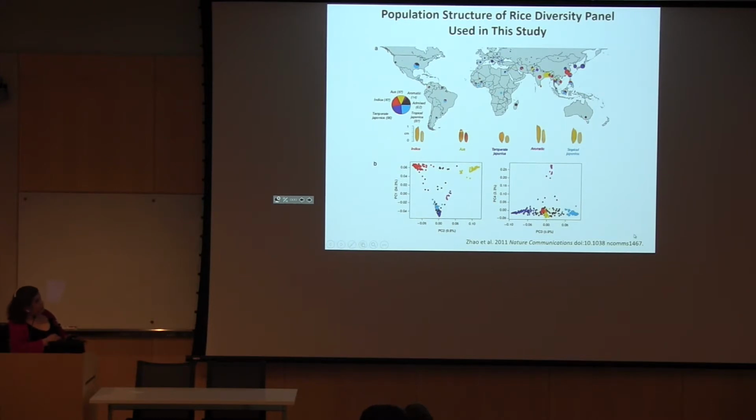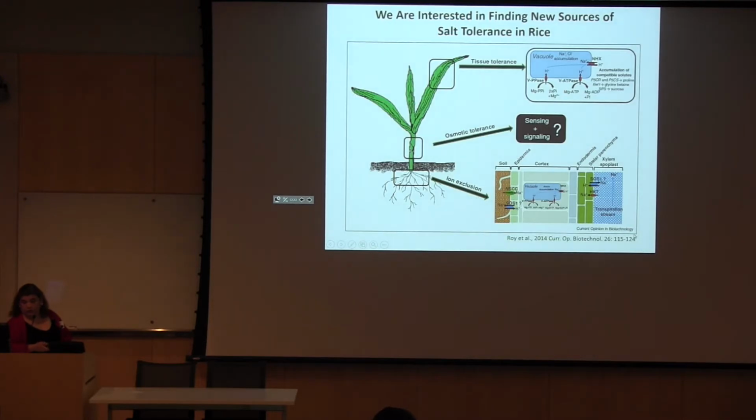So the beauty of this is it has a core group that represents all 5 different subgroups of rice, and of course, there is all of this genomic information that Susan and her group have made available. So phenotyping this was an obvious choice.